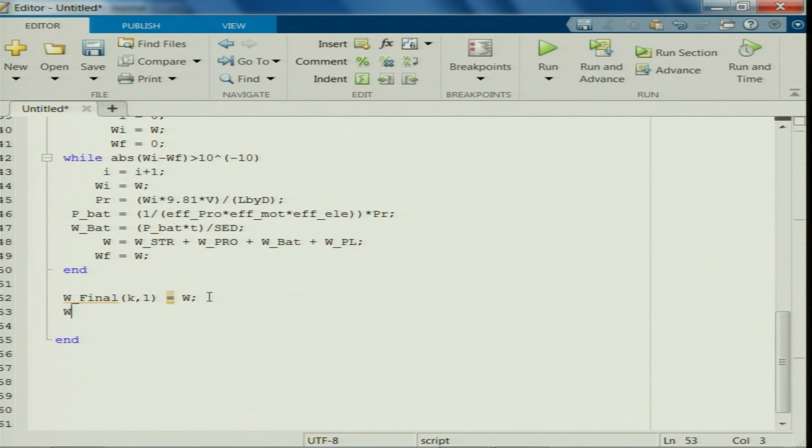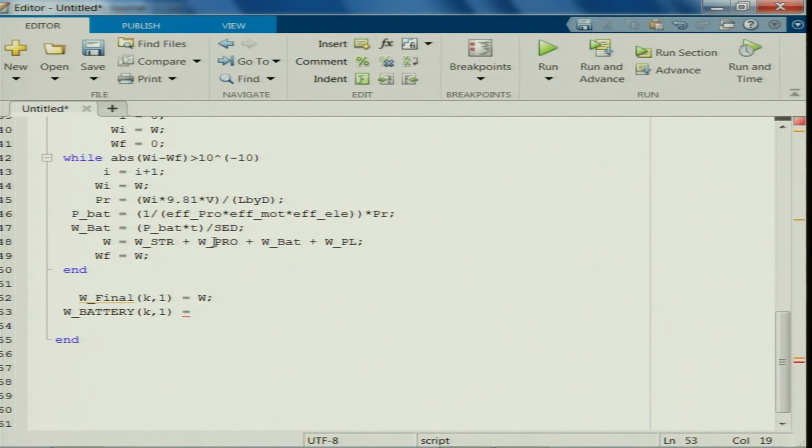And then the weight of the battery after these 2 while loops, k comma 1, is also stored for each and every L by D, this keeps varying, right.